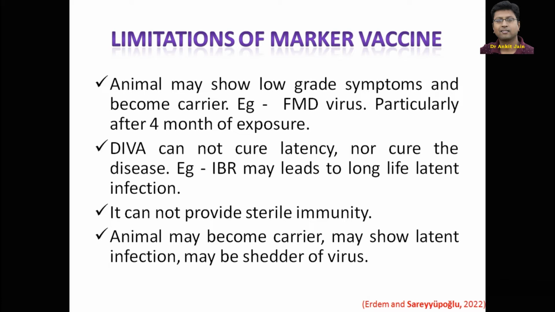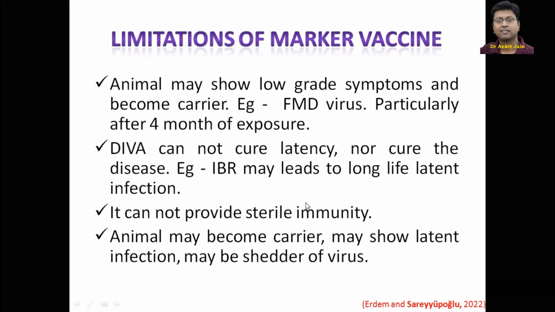So when we are introducing the DIVA vaccine, if the animal is again infected after 4 months of the vaccination, it will become a carrier, and it will be asymptomatic, and we cannot identify whether this animal is healthy or infected. So it will act as a carrier, and it will definitely transmit the disease to the other animals. So that is a drawback of that particular vaccine.